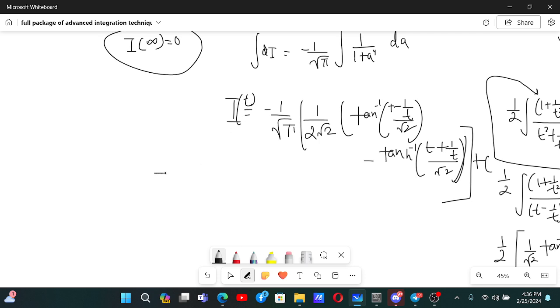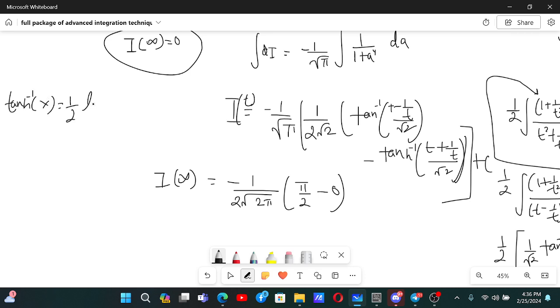So now I will find I of infinity, and that will be minus 1 by 2 root 2 pi, and over here I have infinity minus 0, so this is pi by 2, tan inverse infinity is pi by 2, minus tan h inverse infinity is 0, because tan h inverse x is defined as 1 by 2 ln of x minus 1 by x plus 1, and we know that at infinity we have ln of 1, that's 0, and so plus c.